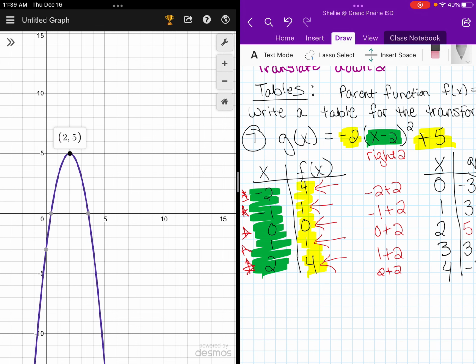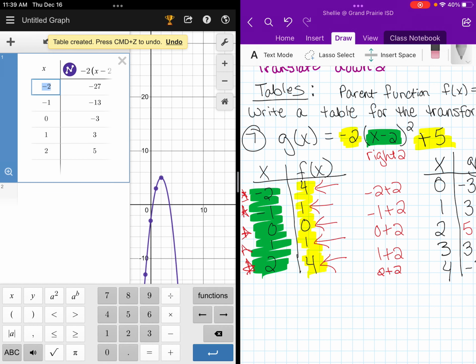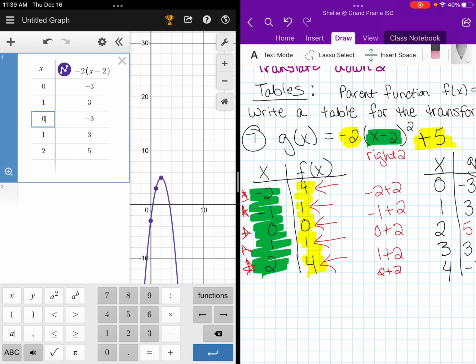You can see that the vertex is at 2, 5. If you hit the table, you'll want to adjust it so it matches the x values that we have entered, which is 0, 1, 2, 3, and 4. And you can see that the Desmos table matches the table that I have here in the notes.